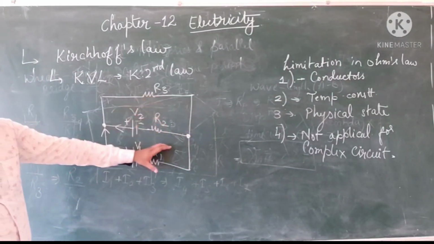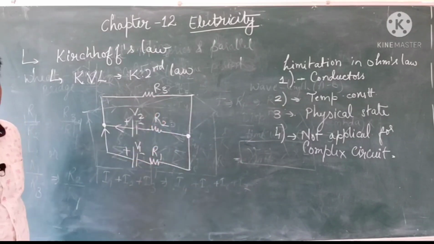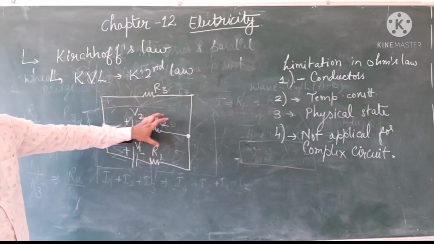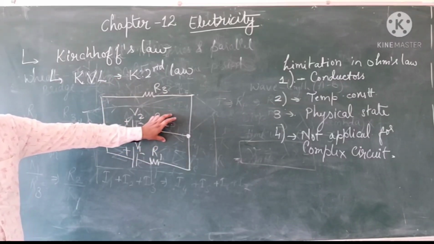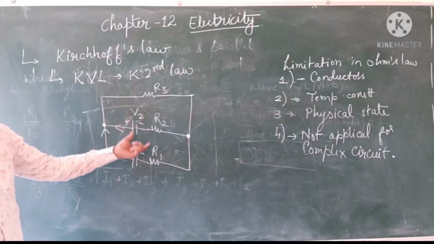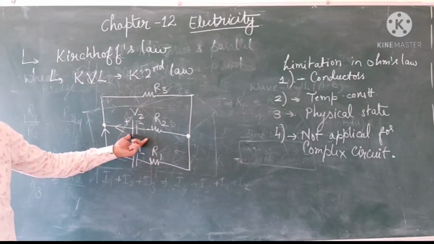So I have to break this circuit into two loops. What Kirchhoff's voltage law says is that the potential across the resistors taken in any loop will be equal to the total potential of the battery.